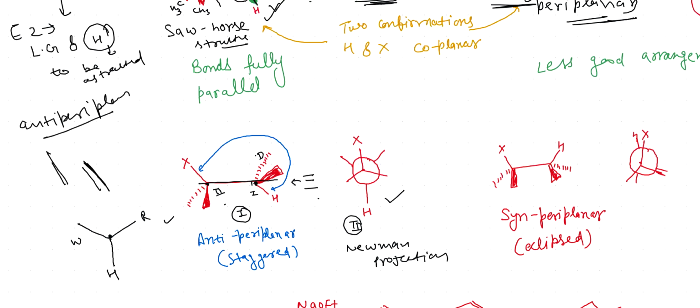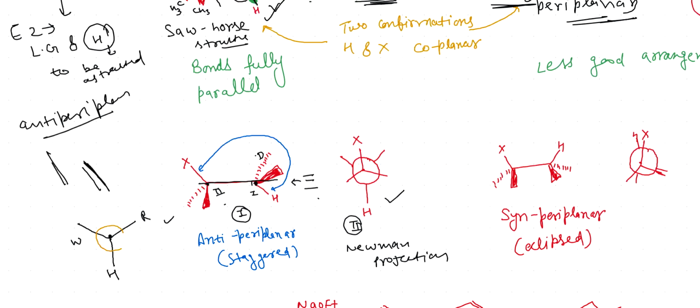Then represent your second carbon by drawing a circle. This is a little bit wrong; it should be in the center. I will represent it with another color so that you can distinguish it. Like this.